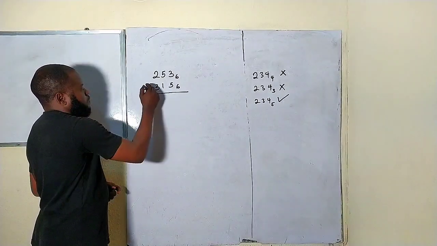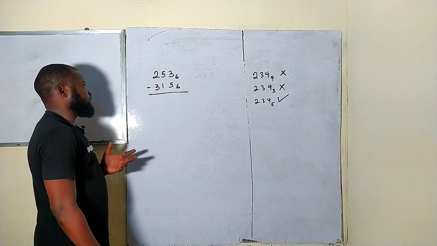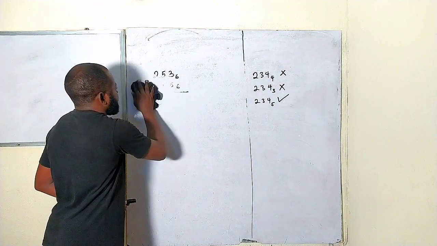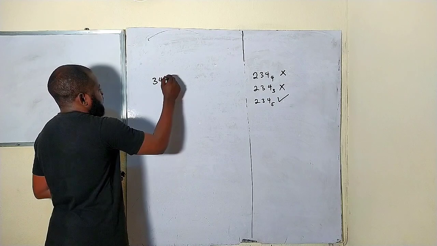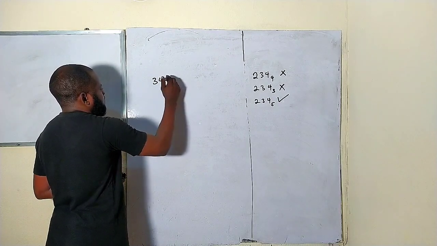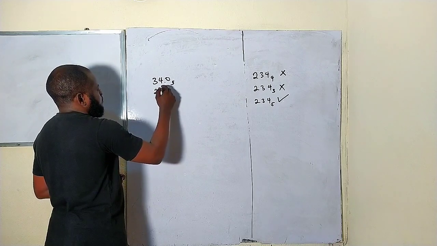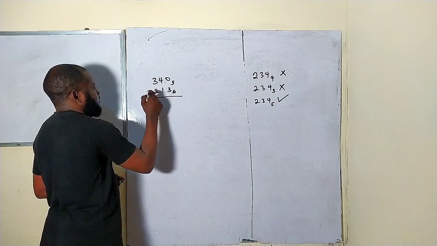Okay, sorry, let me recast this question better. Let's say I have 340 in base 5 and I have 213 in base 5. Alright, so let's take the subtraction.